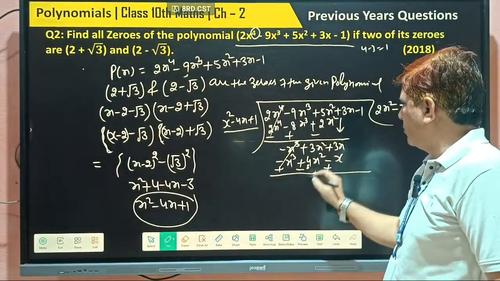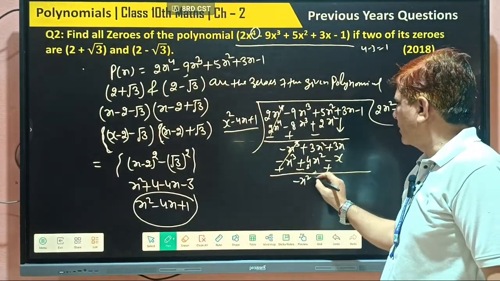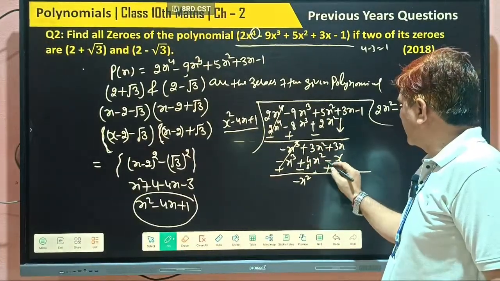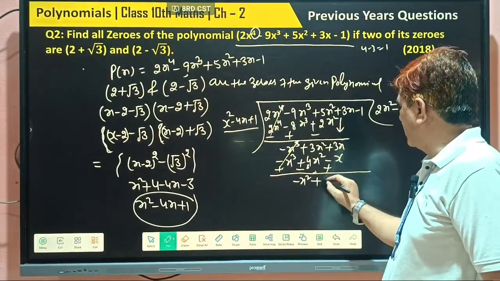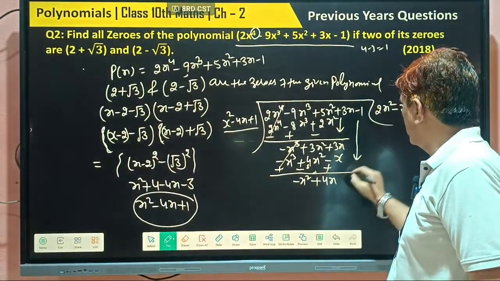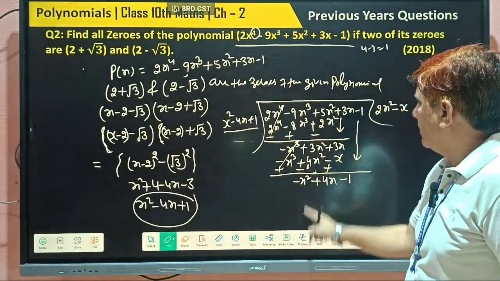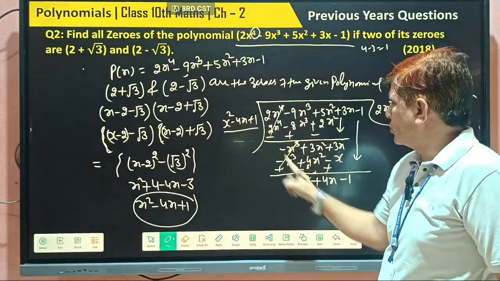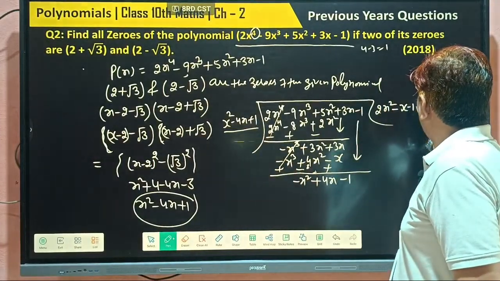Plus becomes minus, plus. This cancels out. How much? Minus x square plus 4x square... so here plus 4x and what is this? Minus 1. I can multiply this with what? So it becomes minus 1.